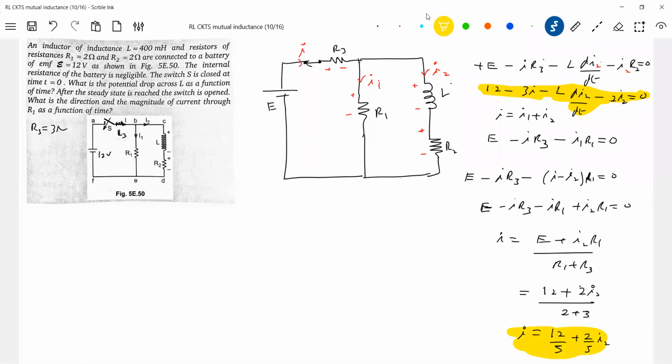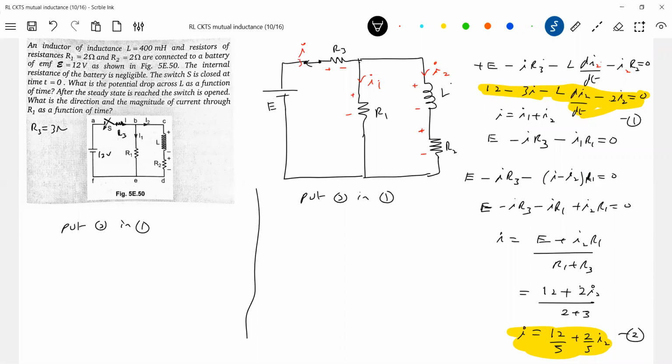So substitute equation 2 in 1 and eliminate I. Substitute 2 in 1, so the I will get eliminated, and we get only I2 and di2 by dt. Then we can solve this one. So put 2 in 1.